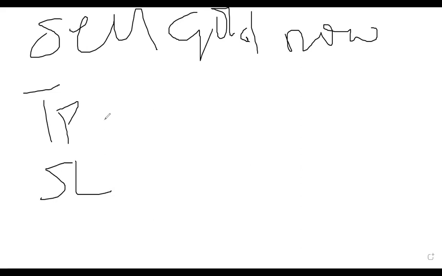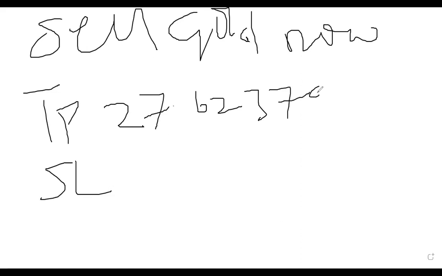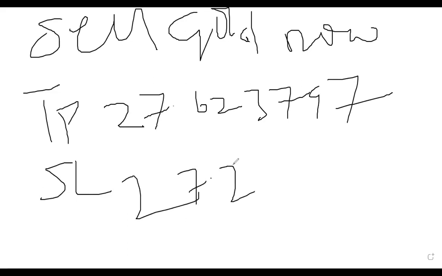From the point we place the horizontal line, our take profit, where we were expecting the market to at least give us some profit, was 27.62397, and the stop loss was 27.226308.